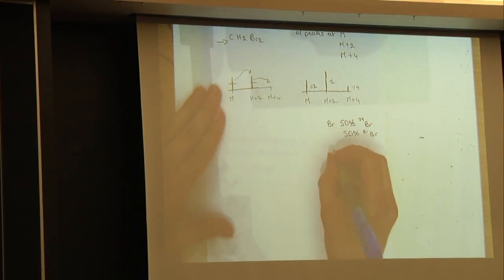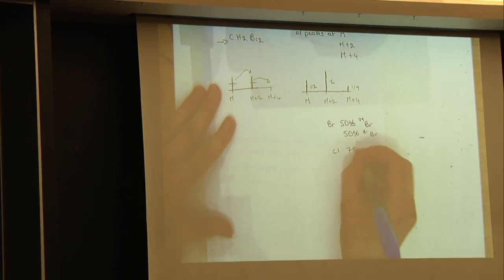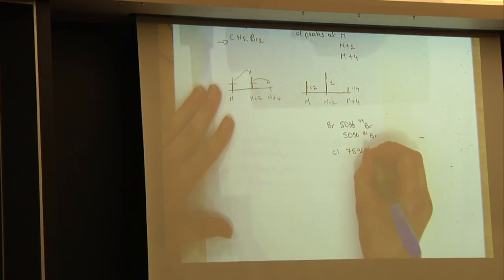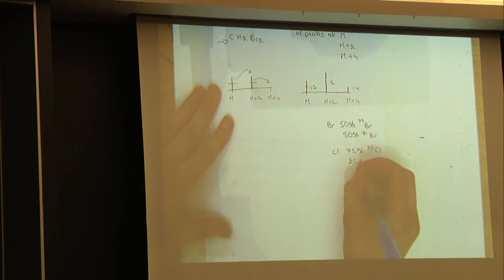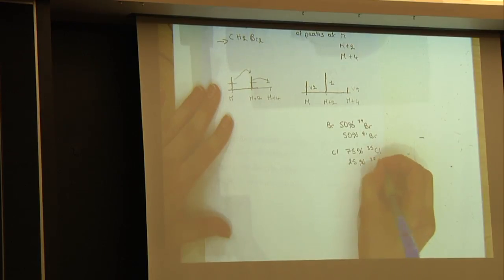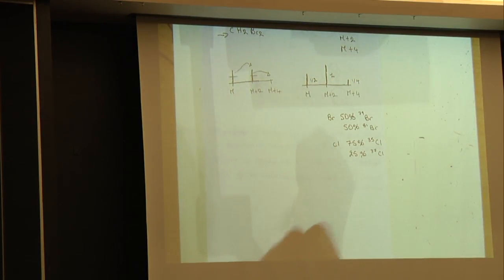And for chlorine, we have 75% isotopes being at 35, and 25% at 37. Okay? So that's a good thing to keep in mind. And that was at the beginning of the semester, so I can understand that it slipped your mind, plus we had a hurricane season and classes were canceled. But that's why I'm bringing it up here, so that you can be prepared.